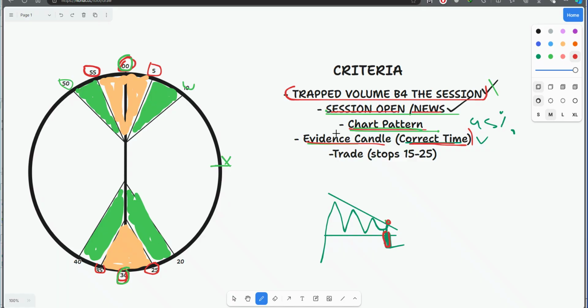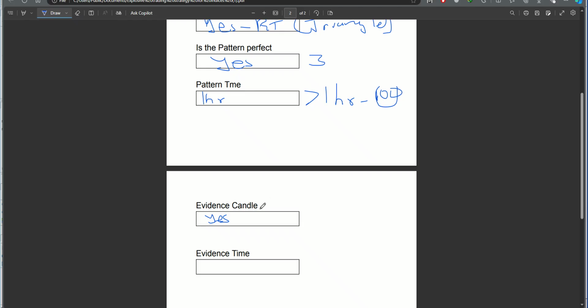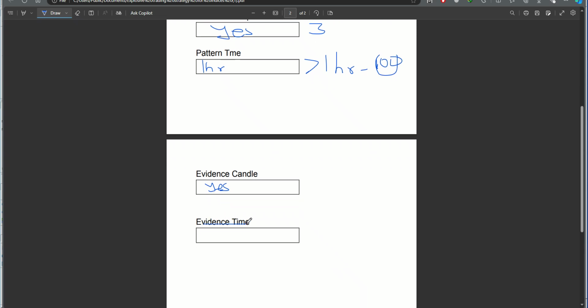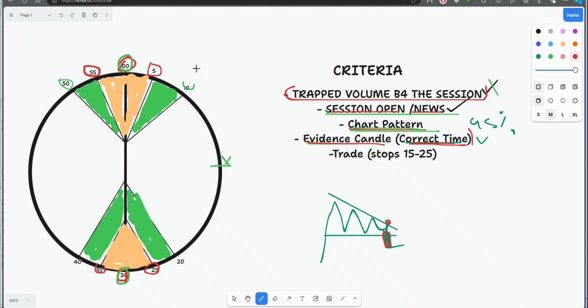Therefore, I will go back to this check mark. We got an evidence candle, right? Yes. What time? You see, this is important. Why? Because we're not just taking any breakout. We are waiting for a breakout at the right time.